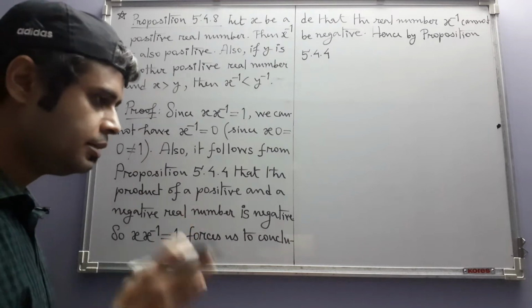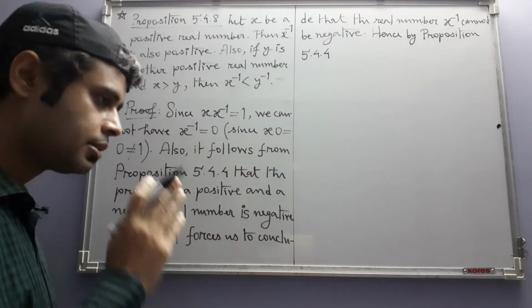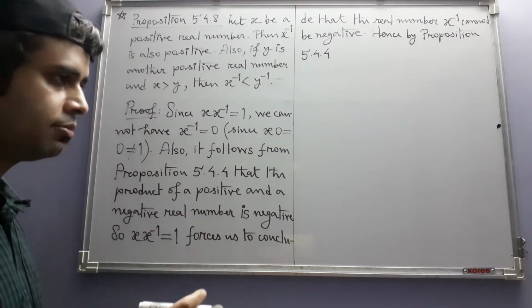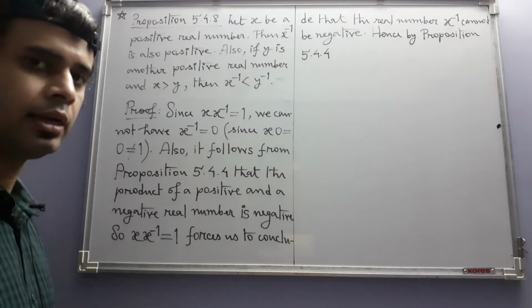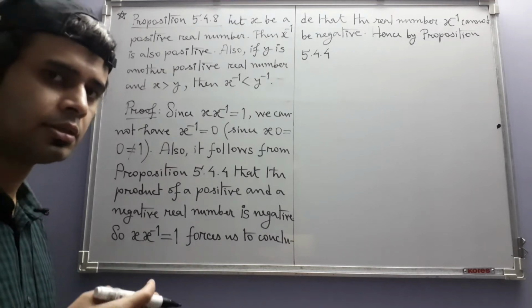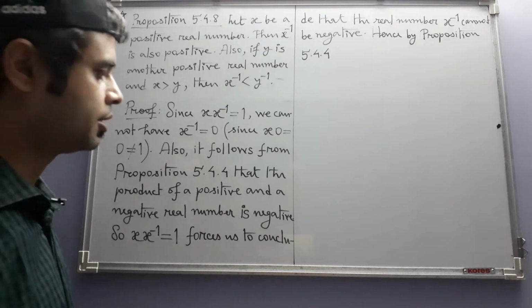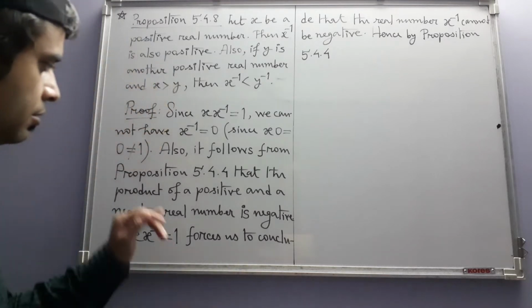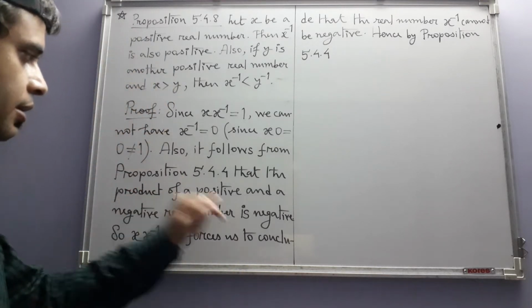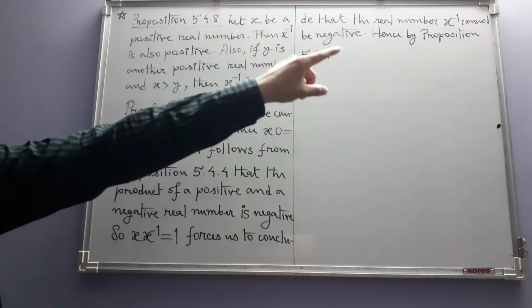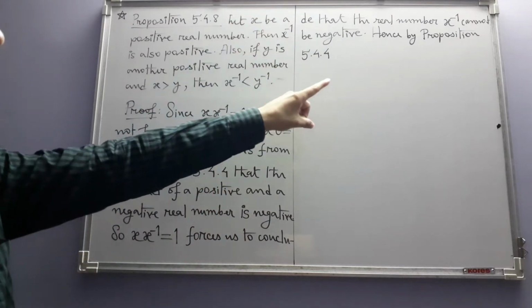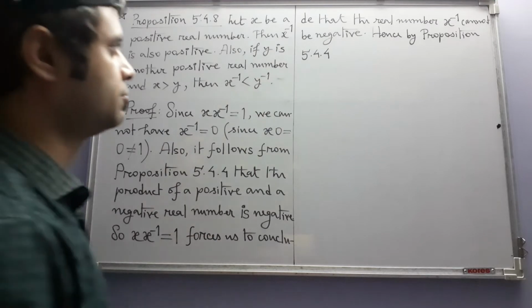That is, each real number is either positive or negative or 0, and exactly one of these three things is true for a given real number. So since x inverse is neither equal to 0 nor negative, it has to be positive.